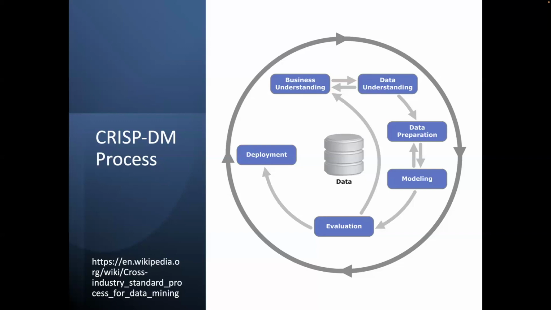Like I said, if humans do that, it will take a lot of time, but if your prediction model is deployed, it will be much faster. Well, that's the CRISP DM process.